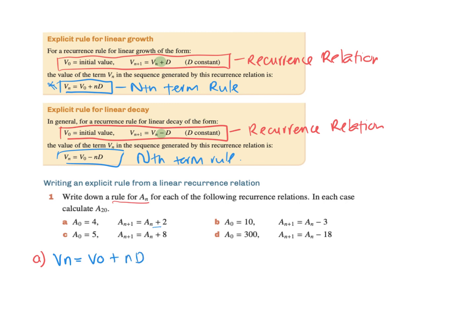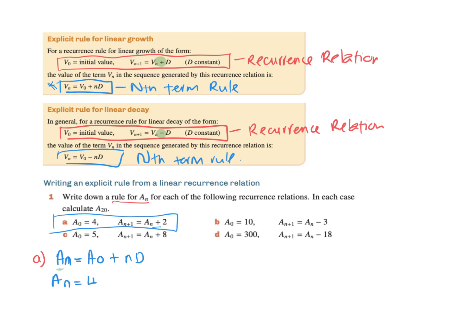When I actually write the nth term rule, I should use A because they're using A. It doesn't matter, you just change it to A and A0. So what is the initial value in this first scenario up here? 4.